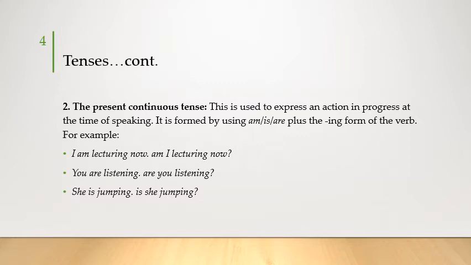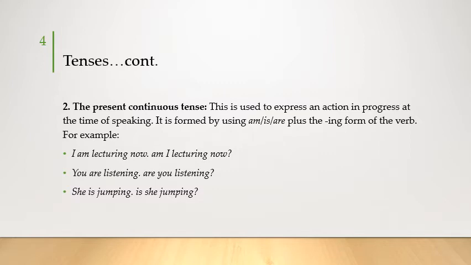This requires the use of auxiliary verbs, which we sometimes explained in one of our previous classes. I am lecturing now. Am I lecturing now? You are listening. Are you listening? She is jumping. Is she jumping? In these sentences, one is declarative and the other is interrogative.